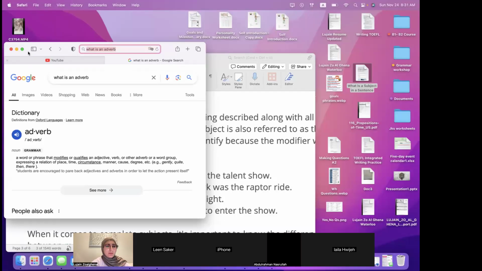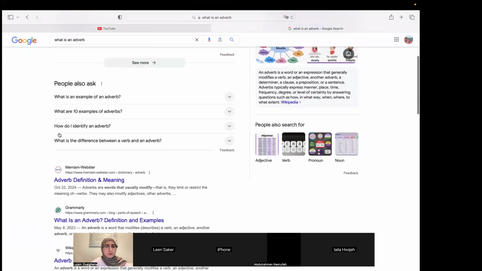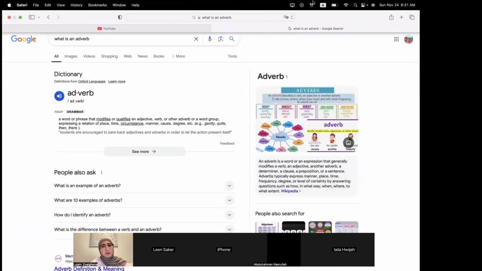Let's see what an adverb is. An adverb is a word or an expression that generally modifies a verb. It helps the verb. So, she types quickly. Where's the verb over here? Types. How does she type?